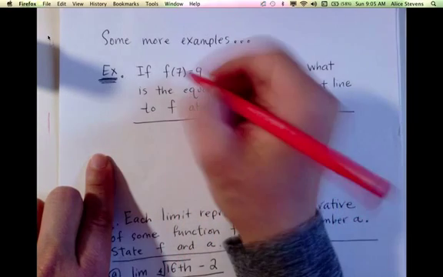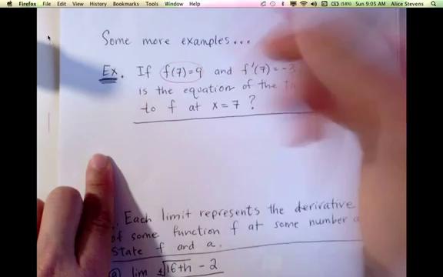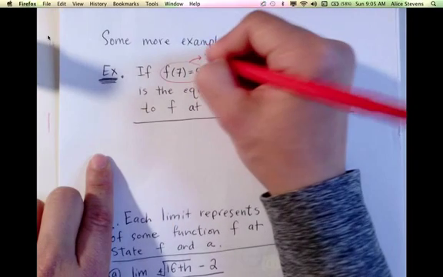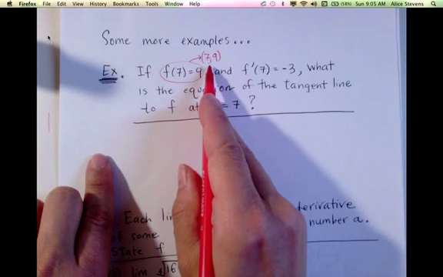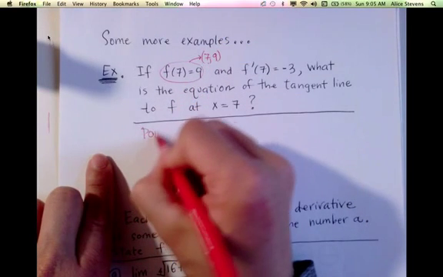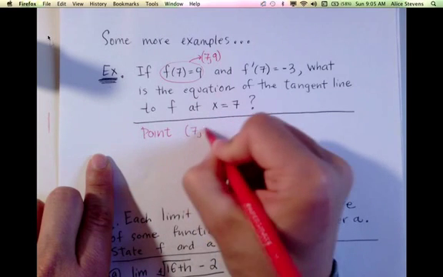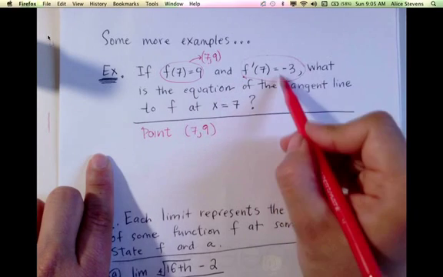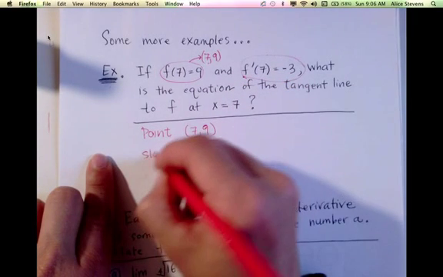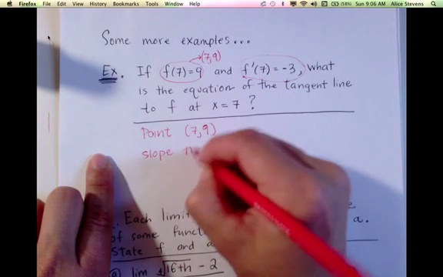Well, we know that f passes through the point (7, 9), and this is also a point on the tangent line. So first we get a point. We're also given that f prime of 7 is negative 3. That's the slope of the tangent line when x is 7.